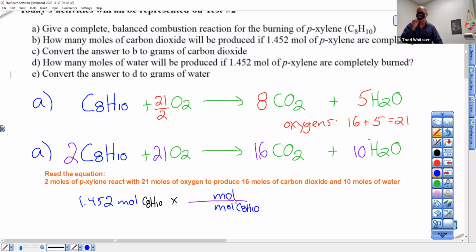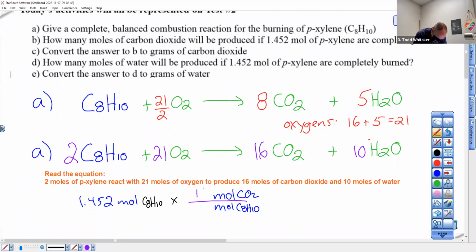Now I finally got to that question. In question B, it says I want to know moles of something. What is the something? Carbon dioxide. You said that. I'm sorry, I didn't hear you right. All right, thank you. Hey, what numbers go in front? And they should be purple. What numbers go in front of these moles CO2 and moles C8H10?